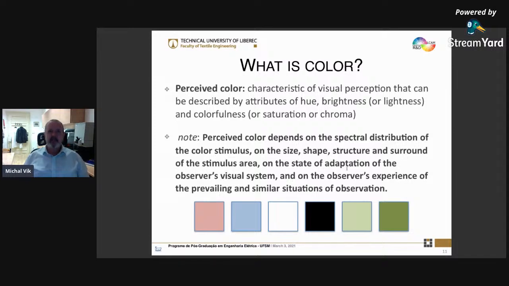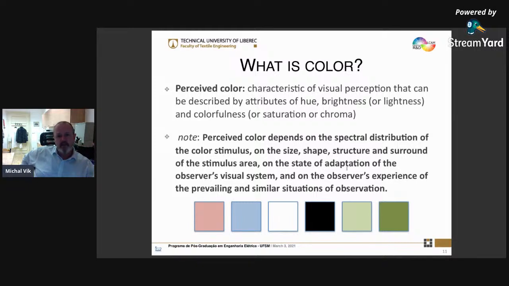For better understanding of how this methodology works, it's necessary to understand what we mean by color. If we think about the CIE definition, you can see here that perceived color is a characteristic of visual perception that can be described by the attributes of hue, brightness, and colorfulness. That means color is so-called three-dimensional.